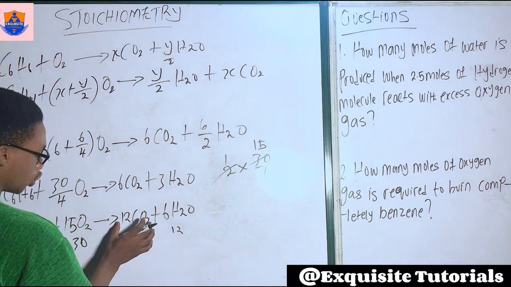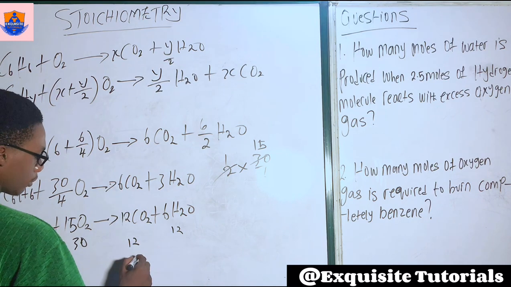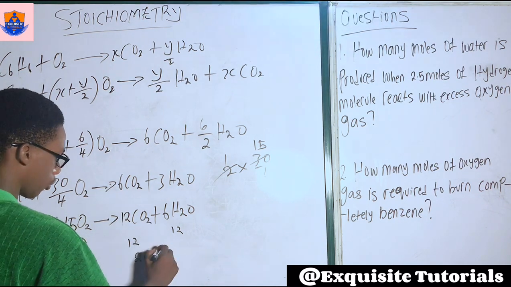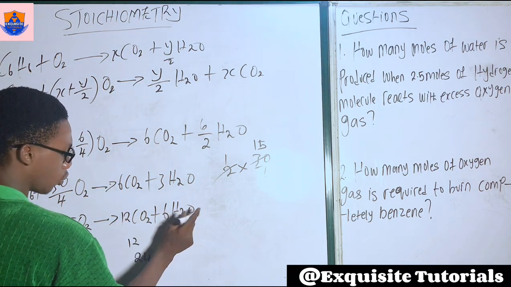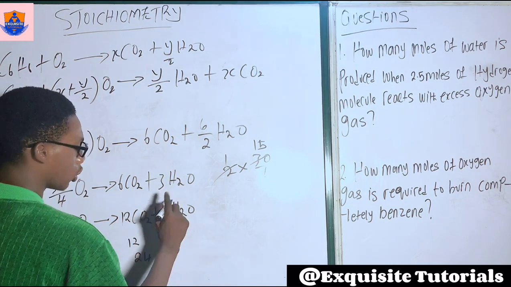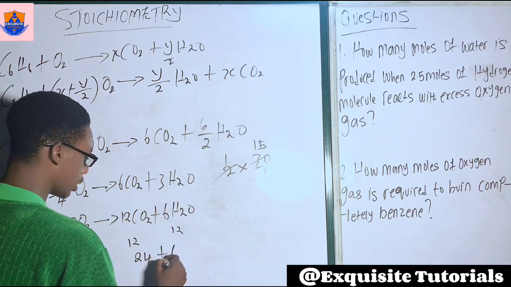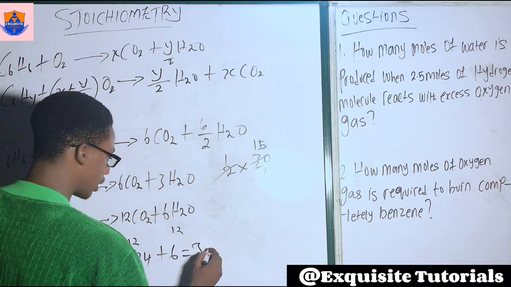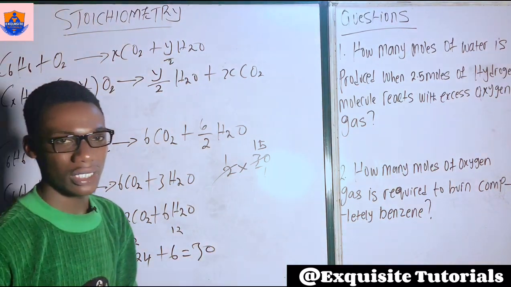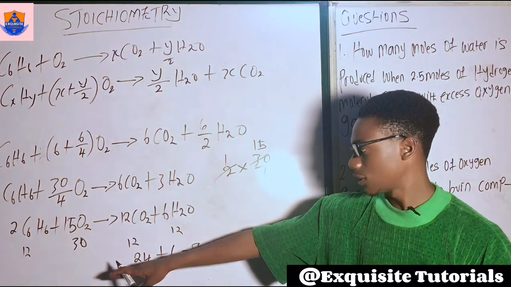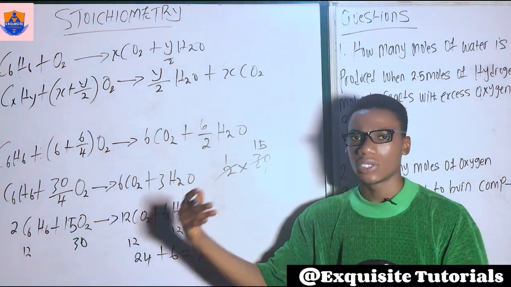Here 12 times 2 gives us 24, and for H2O, 1 times 6 gives 6, so we have 30 as well. Therefore this equation is totally balanced.